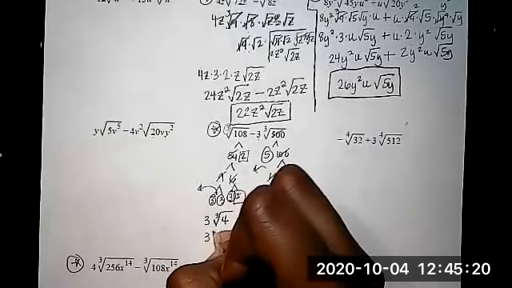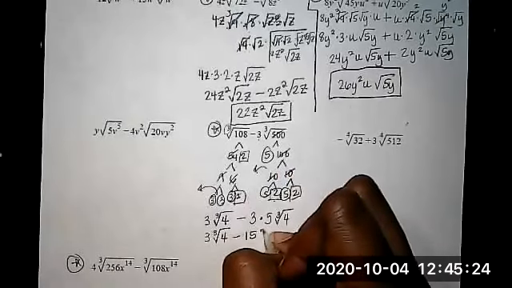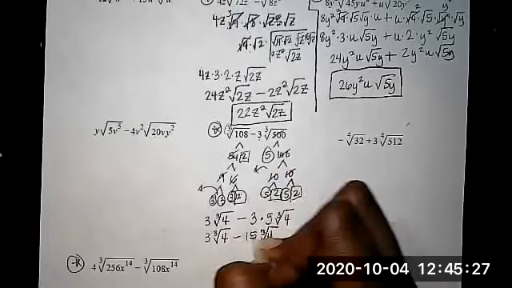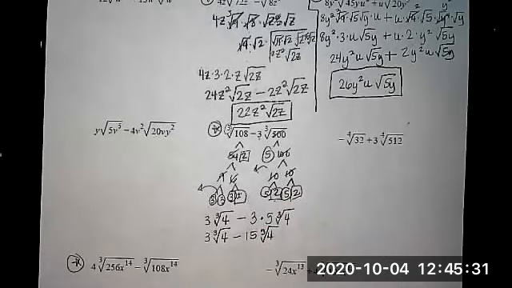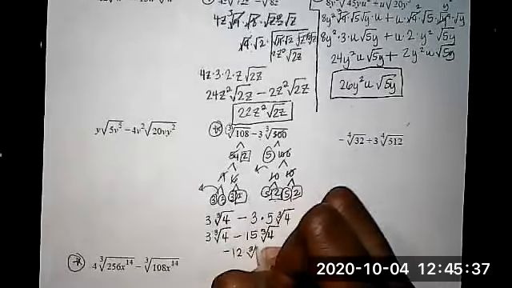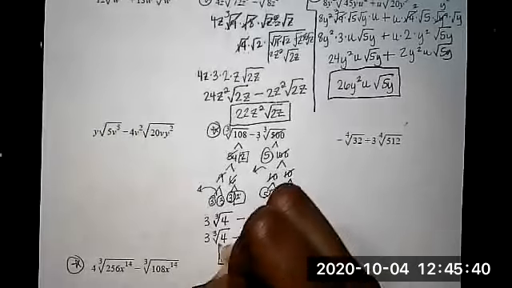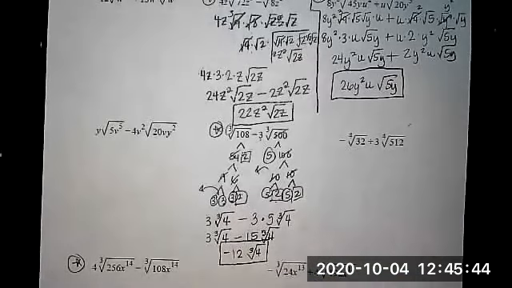So we know it's going to be 3 cube root of 4 minus 15 cube root of 4. Same. So we can go ahead and subtract those. So 3 minus 15 would give you negative 12 cube root of 4. That is our answer there. Okay. What's left over inside just stays, and we're done there.